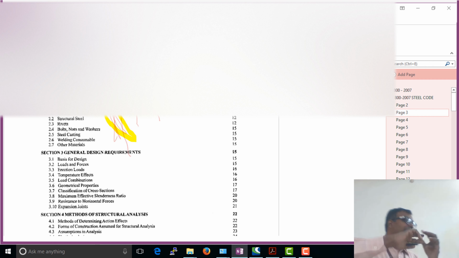How big should the bolt hole be when compared to the bolt. And washers, for example, you need to have washers in a steel construction. Washers are a must. Again, of course, there is something about welding also. So the first two sections of the code till about page 15, I want you to revise.